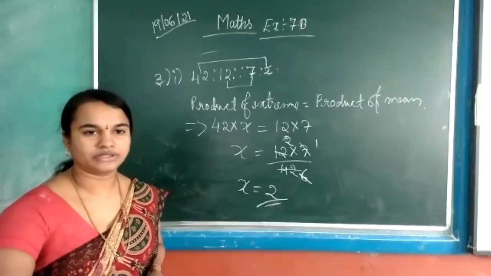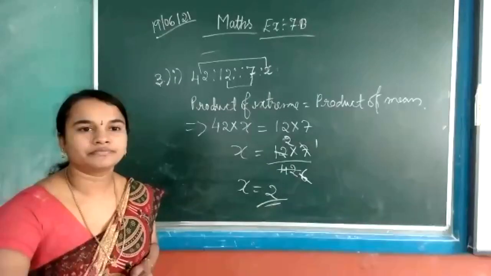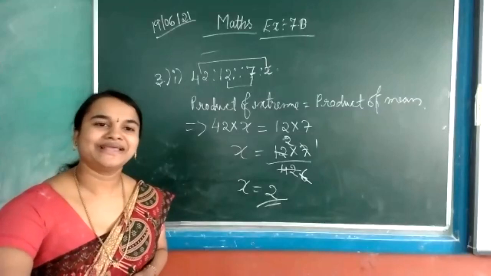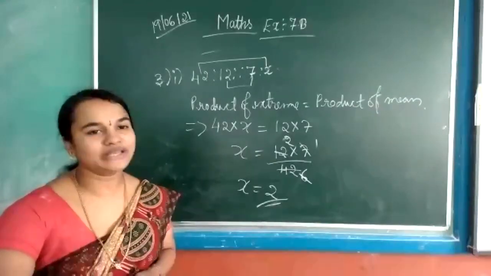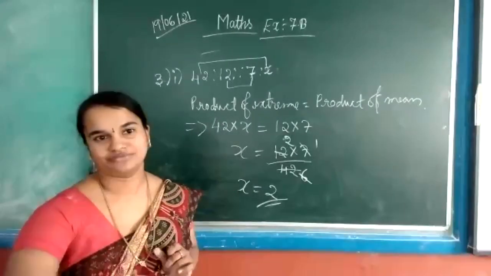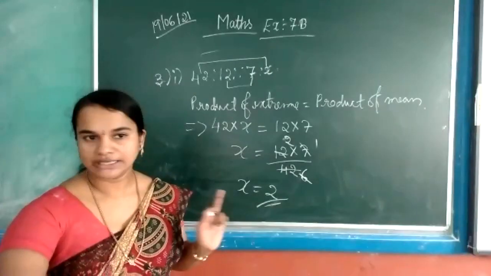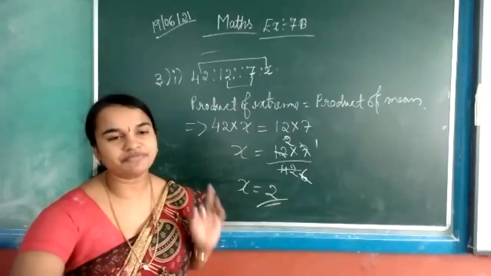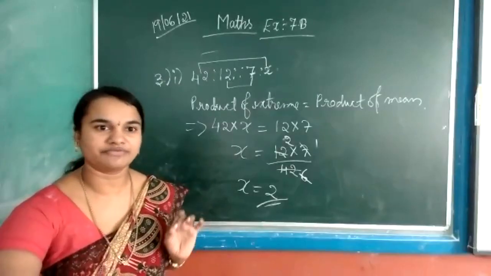Good morning, ma'am. My doubt is that in finding proportion, there is no need of finding LCM and all, na? LCM, why? In multiplication, we never find the LCM, only addition and subtraction. In previous class also, I told you. Clear? Don't get confused on that. In multiplication and division, we never find the LCM. Only for addition and subtraction, we will find out the LCM.